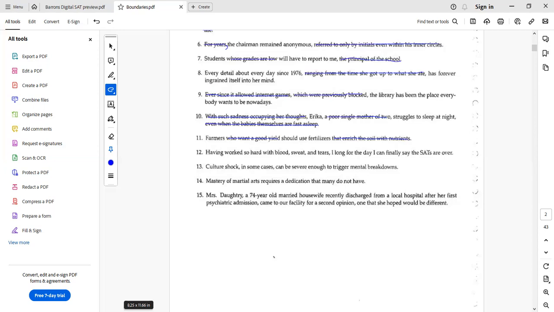This is a modifier. Do we have other things? No. Okay: I long for the day I can finally say that SATs are over. Yes, all of us. Number 13, Dalal. "In some cases," perfect, it's not important. Do we have other things? No. Culture shock can be severe enough to trigger mental breakdown. Thank you. Dunya.